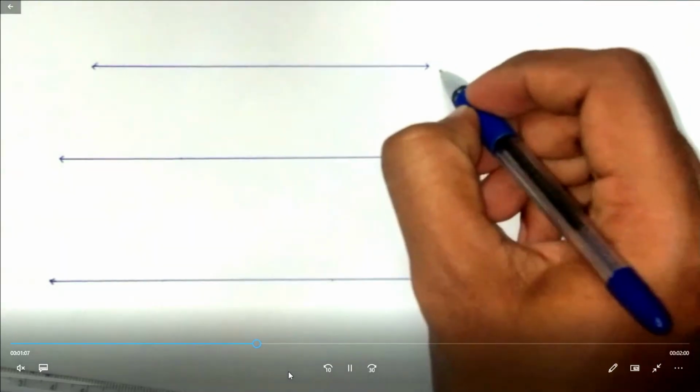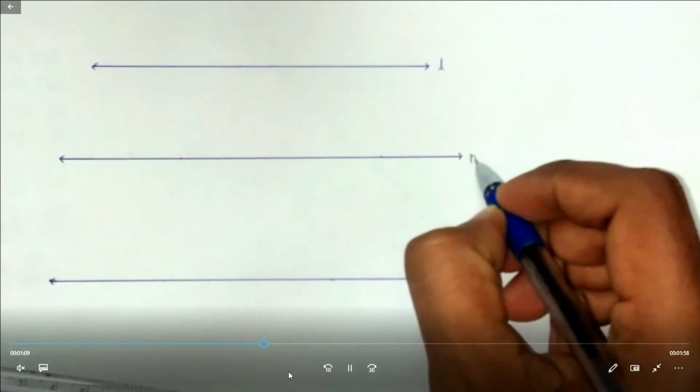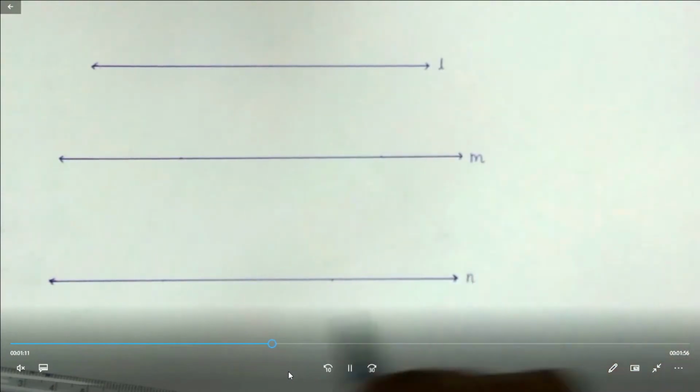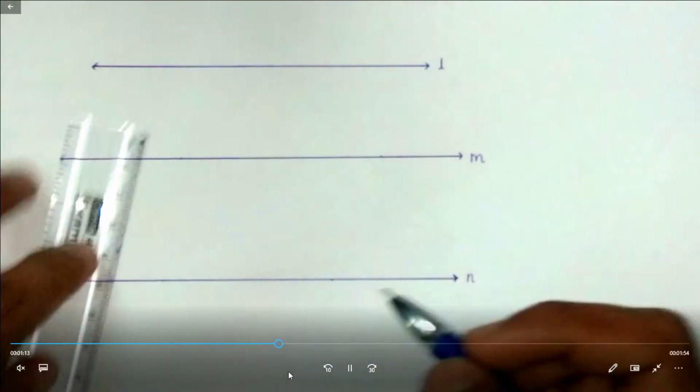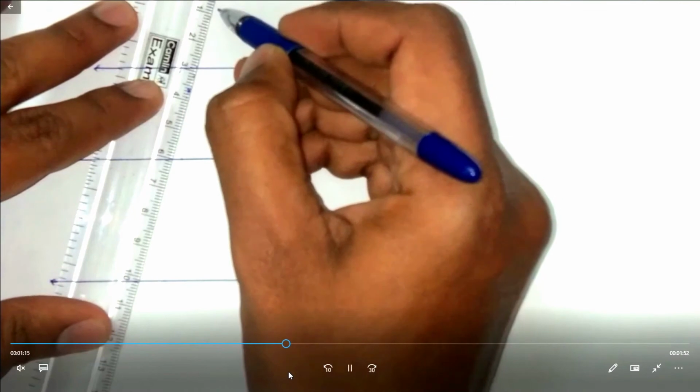Okay, so this is the third line. Line L, line M, and line N. As per the instructions, I am giving the names.